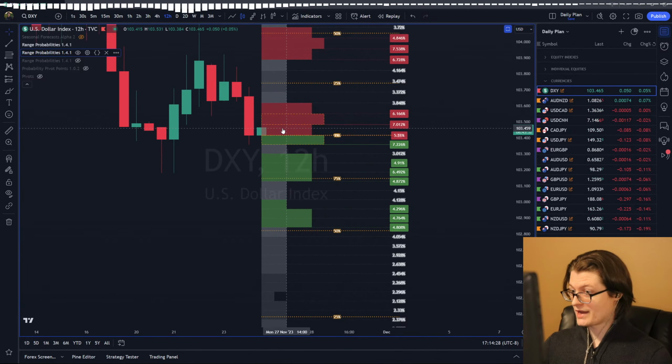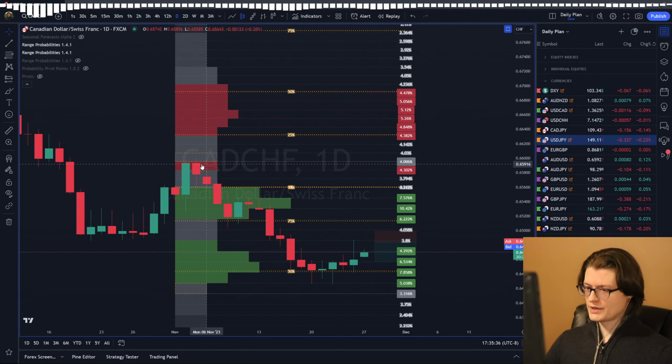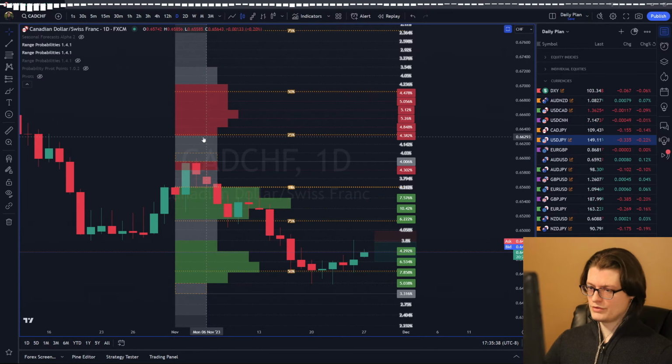Probably would have had more uncertainty taking a short around that spot right there. But we can load the weekly pivots and the weekly ranges, and in replay mode go back to this spot and see if there was actually a top that occurred here.